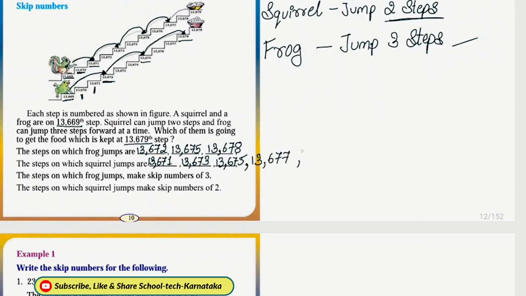And from 13,677 it takes its jump and reaches its food, 13,679. So as you have seen here, our squirrel has reached its food, but our frog hasn't reached its food. So the answer to our question, which of them is going to get the food which is kept at the 13,679th step, is our squirrel.